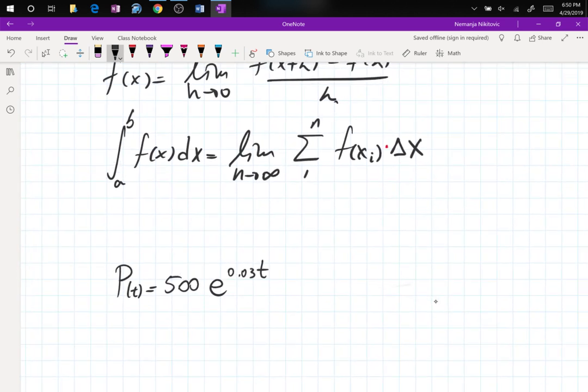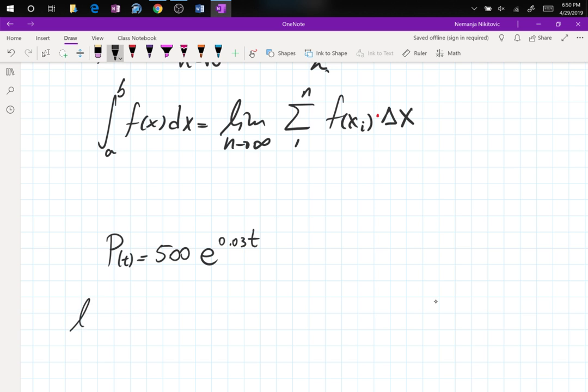If you do calculus, you can do the limit as time goes to infinity of P of t, and that will tell you how many rabbits you're going to have after infinite time, and that's a lot of rabbits, because you will have an infinite amount of rabbits. So this is not a good population model, but, right?